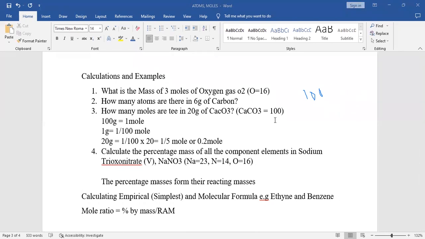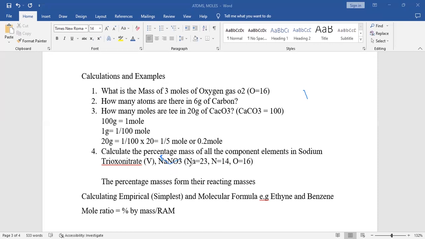So next question is calculate the percentage mass. This is another mass question again. Calculate the percentage mass of all the component elements in sodium nitrate, which is NaNO3. So you first of all calculate the relative molecular mass of sodium nitrate. Sodium is 23 plus nitrogen is 14, that's 37, plus 3 times 16, that's 48. 48 plus 37, that's 85, right?